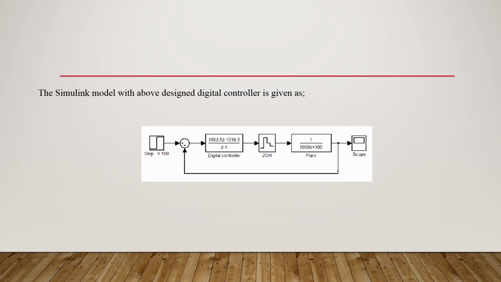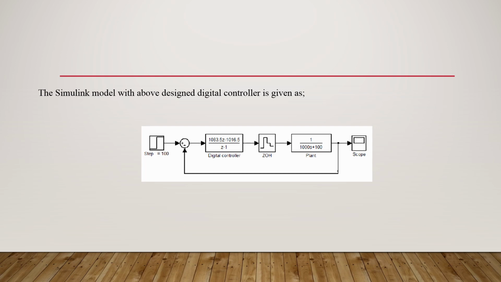Here we put the final value as 100. Then we pick the summation block, double click on it and change the signs to plus minus. After this, we take the digital controller, basically the discrete time controller, and place this block. By double clicking on this block, we define the numerator and denominator values.